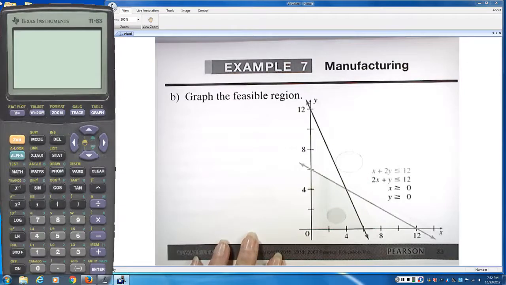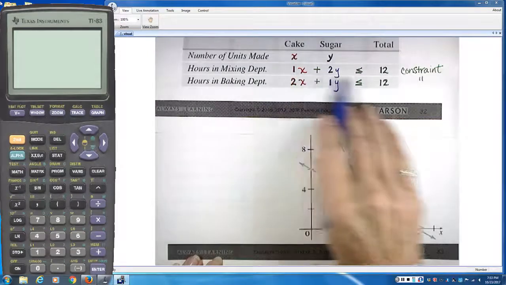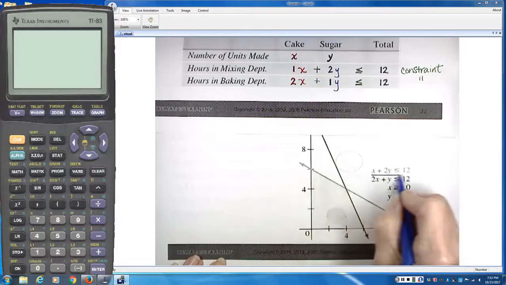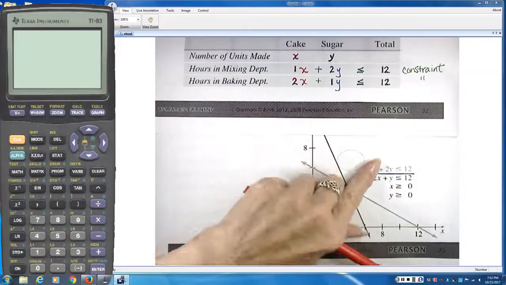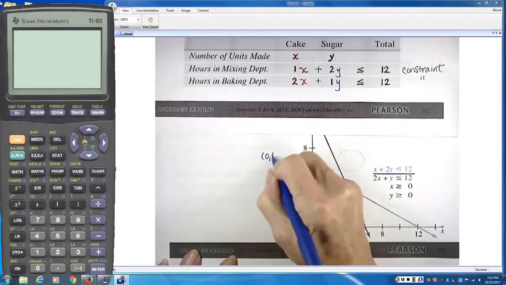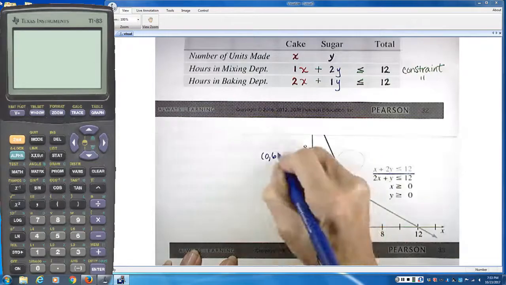So when we graph that feasible region, we're going to take those constraints, x plus 2y is equal to or less than 12, and we see there that if you let x be 0, y is going to be 6, and if you let y be 0, then x is going to be 12.